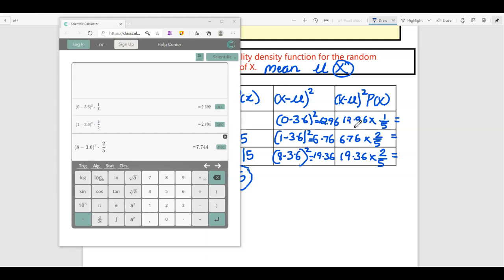As you can see, I have plugged them into the class calc. So 12.96 times 1 over 5, I get 2.592. And 6.76 times 2 over 5, I get 2.704. So simply use your class calc. What I did is I did this whole step together: x minus mu squared times 1 over 5, 1 minus 3.6 squared times 2 over 5, 8 minus 3.6 squared times 2 over 5.